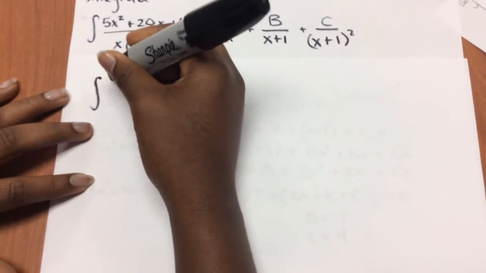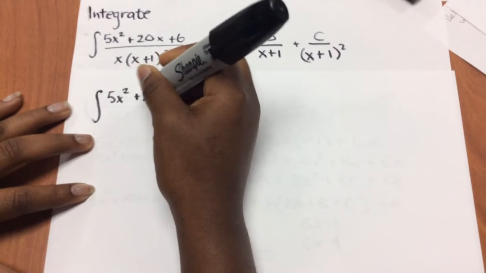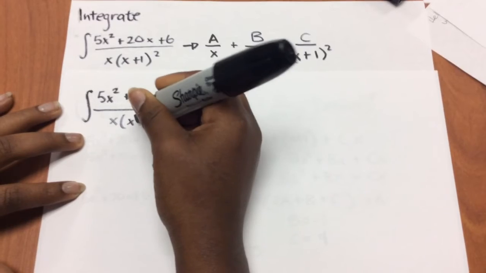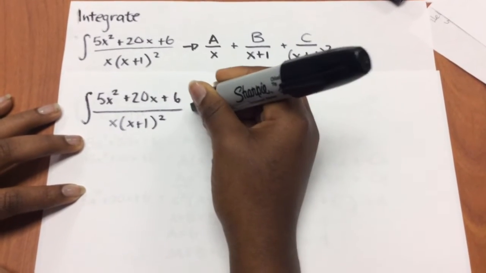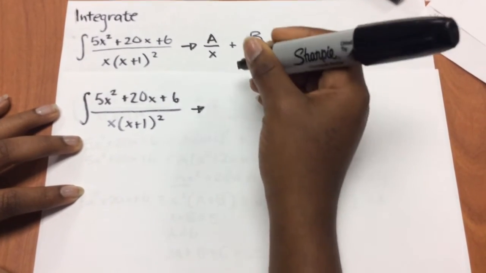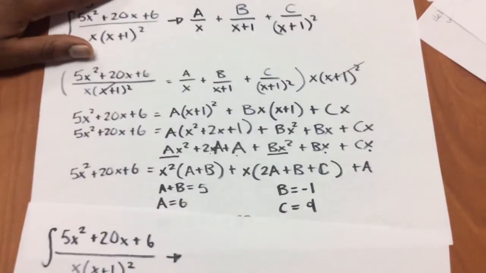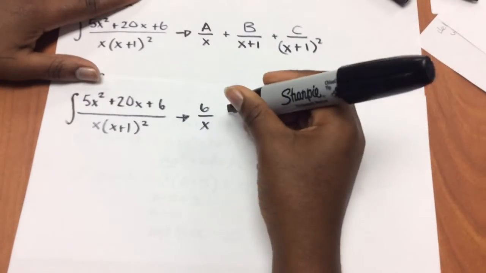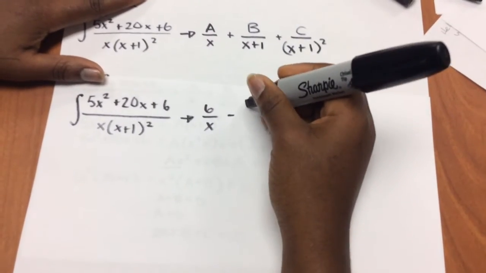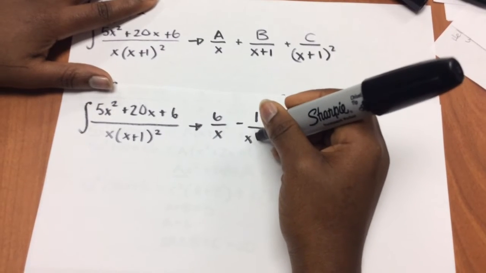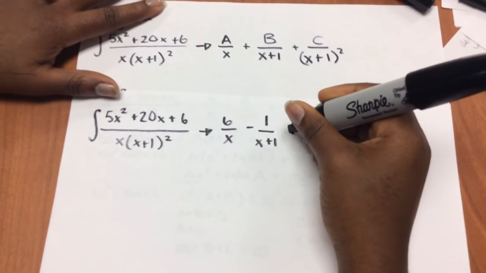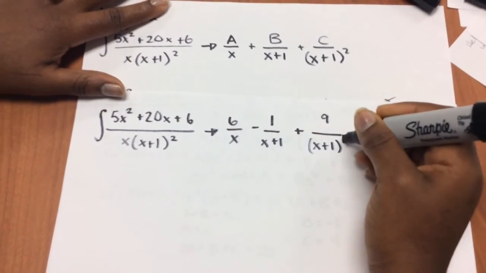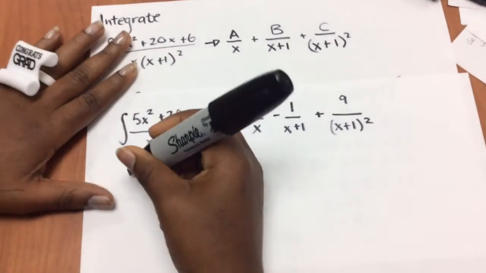So the integral of 5x squared plus 20x plus 6 over x times (x plus 1) squared is equal to A, which was indeed 6 over x, minus, because B was -1, so 1 over x plus 1, and C was 9, plus 9 over (x plus 1) squared.